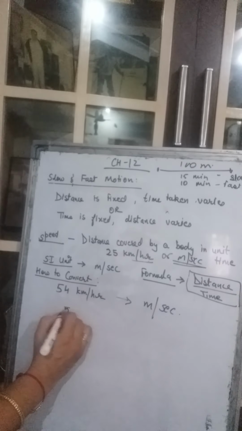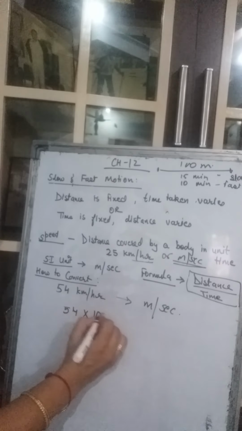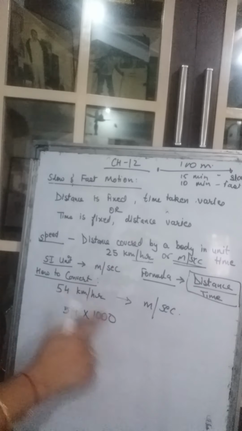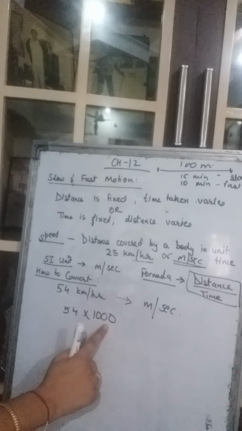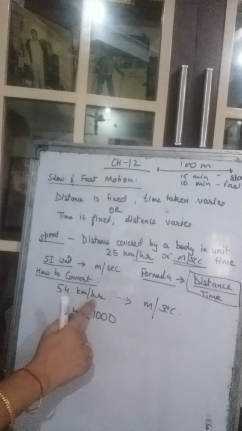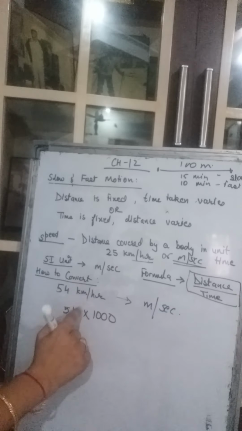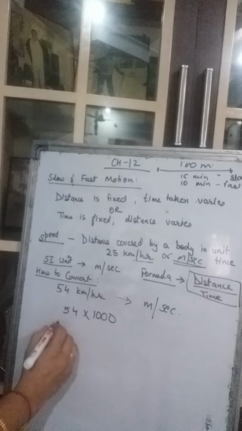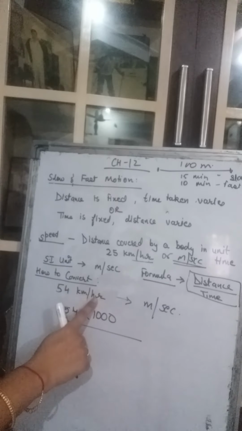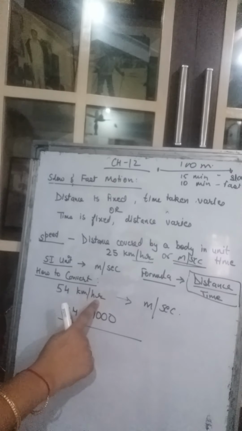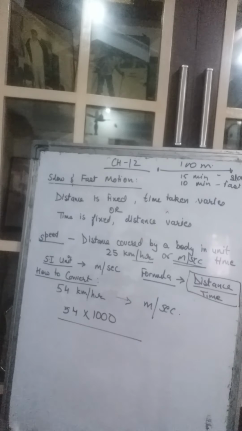So 54 multiplied by 1000, we have changed kilometer into meter. This is per hour. Per means upon, and upon means divided by. It was 1 hour, right? In 1 hour, how many seconds are there? 60 into 60, or 3600, whatever you want to write.